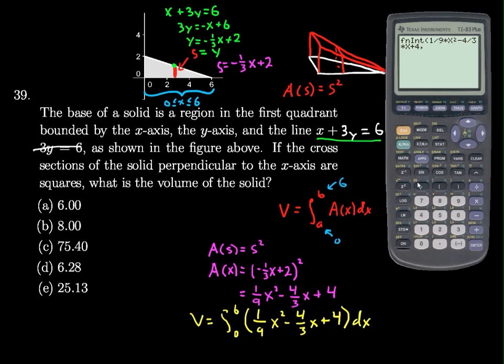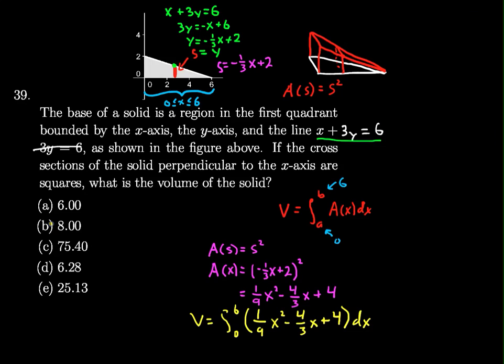And I'm evaluating that dx in terms of x from 0 to 6. And now, by calculator magic, it tells me that my answer is 8. I could have done it by hand and I get the same answer in the end. Bingo, bango, answer. All right, 8, B.